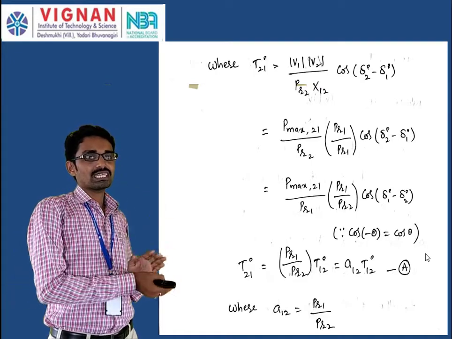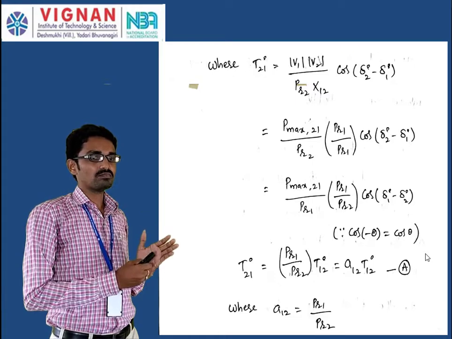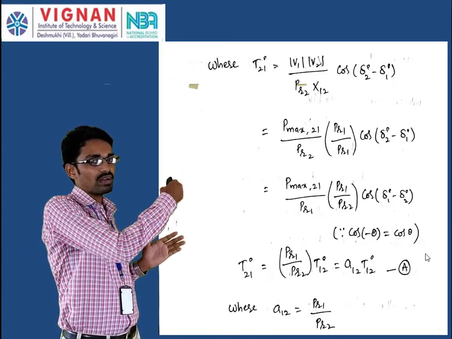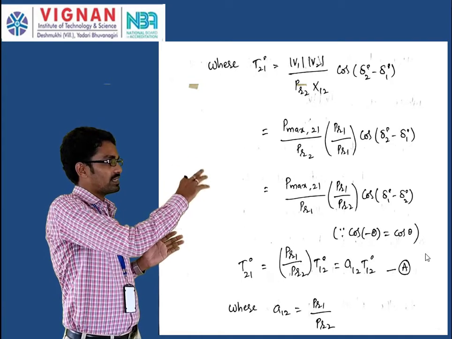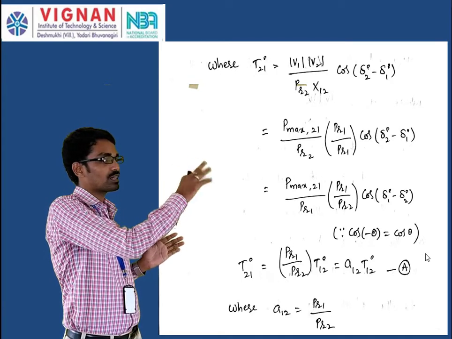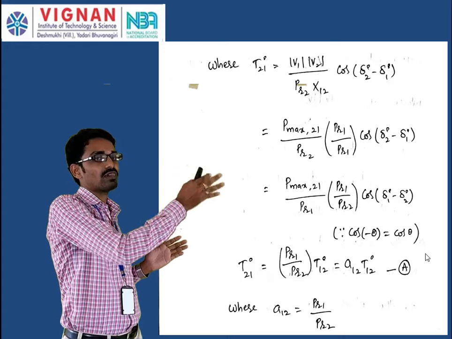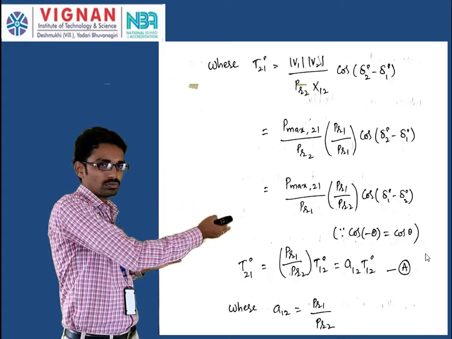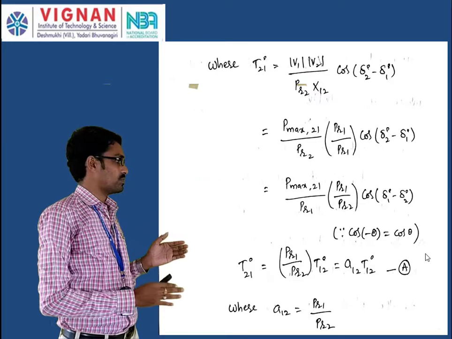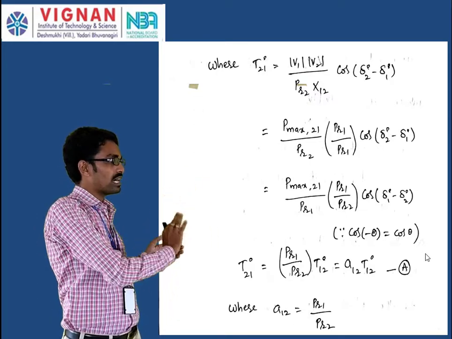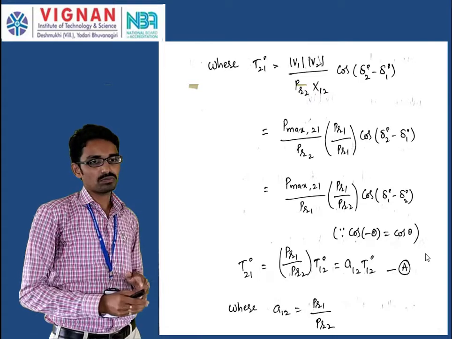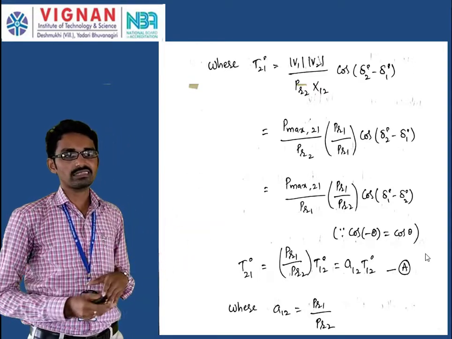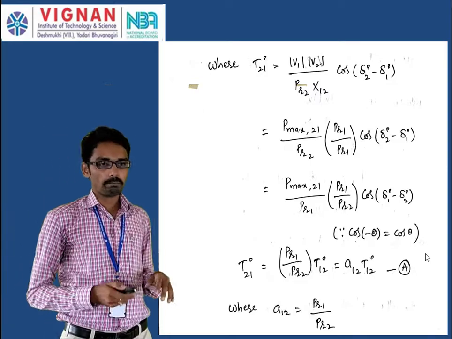If I consider that as T12, I am substituting it in place of Pmax 12 by PR1 into cos of delta 10 minus delta 20 as T12. Then you are going to get PR1 by PR2 into T12. So I am considering PR1 by PR2 as A12, A12 into T12, and let us take that equation as A.